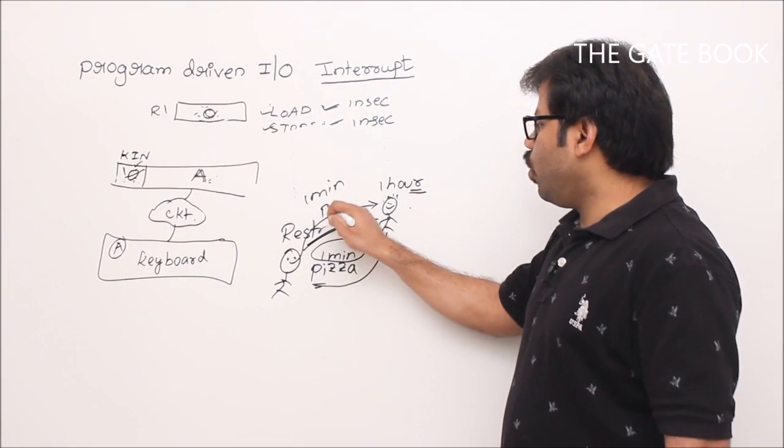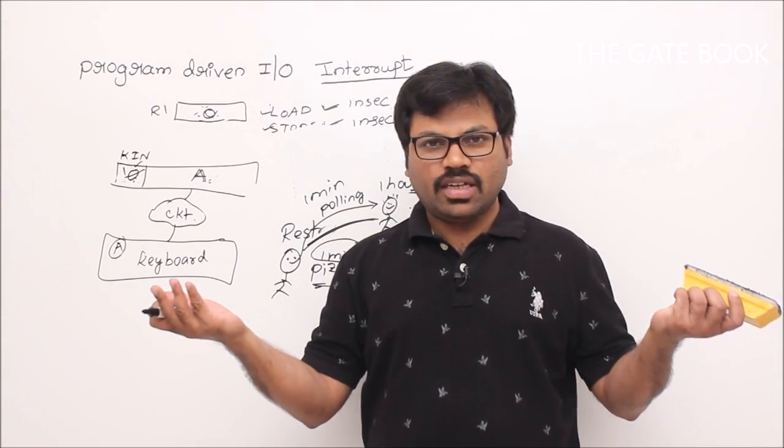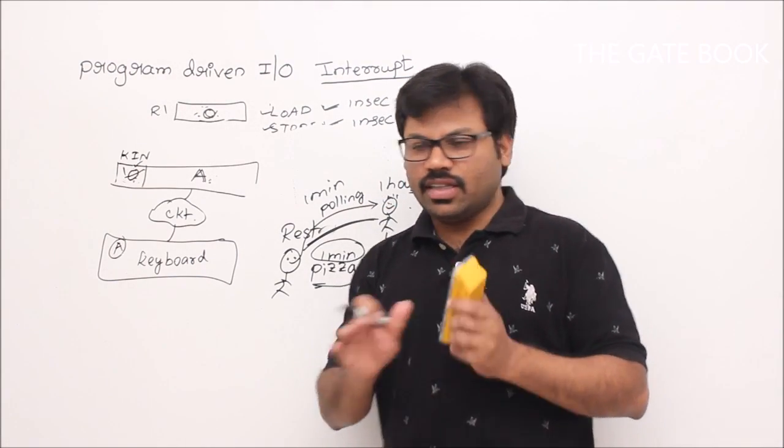That is what we do, polling, correct? Every 5 minutes we go and ask, what about our pizza? Is it ready? What is the status? That is one model.